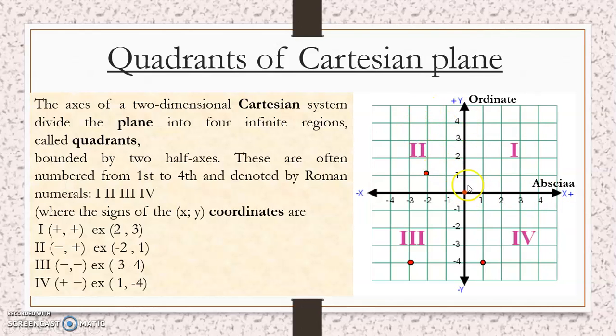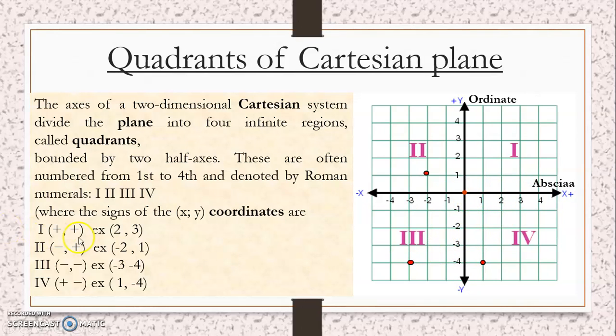Then in the second quadrant you can see that x is negative, and in the y section all the numbers are positive. Then we come to the third quadrant where both x and y numbers are negative, and then comes the fourth quadrant where x is positive and y is negative.